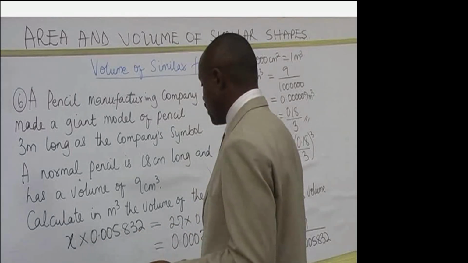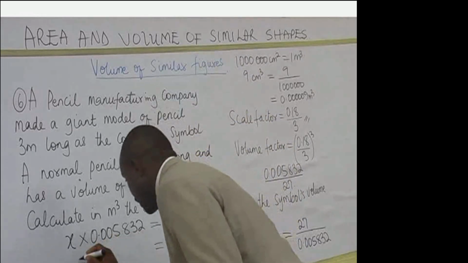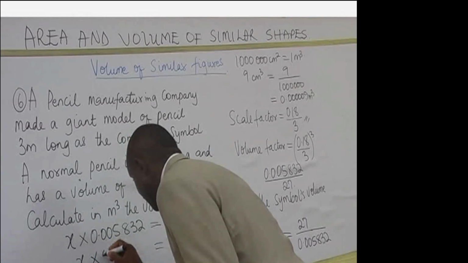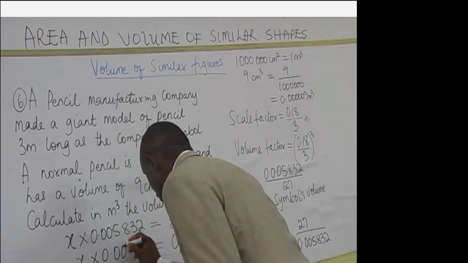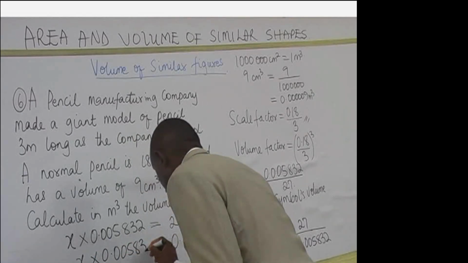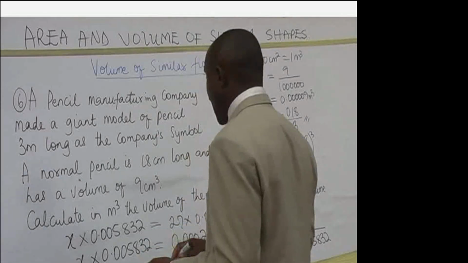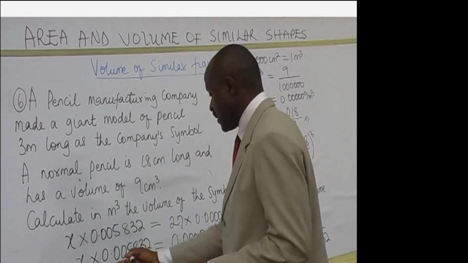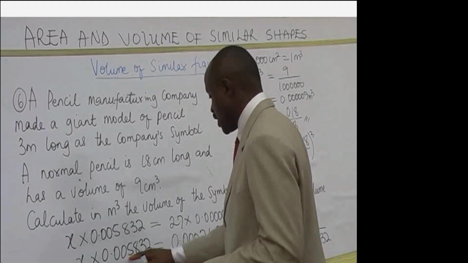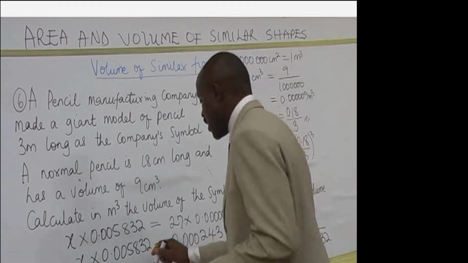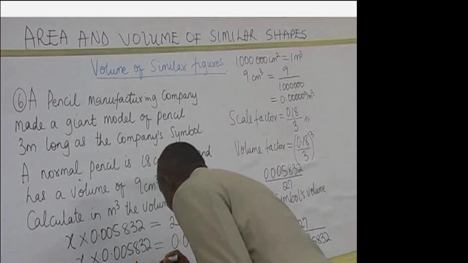Bring down x times so that you follow suit. Now you are going to divide both sides by this figure, 0.005832, so that we'll be left with only x on the left hand side.